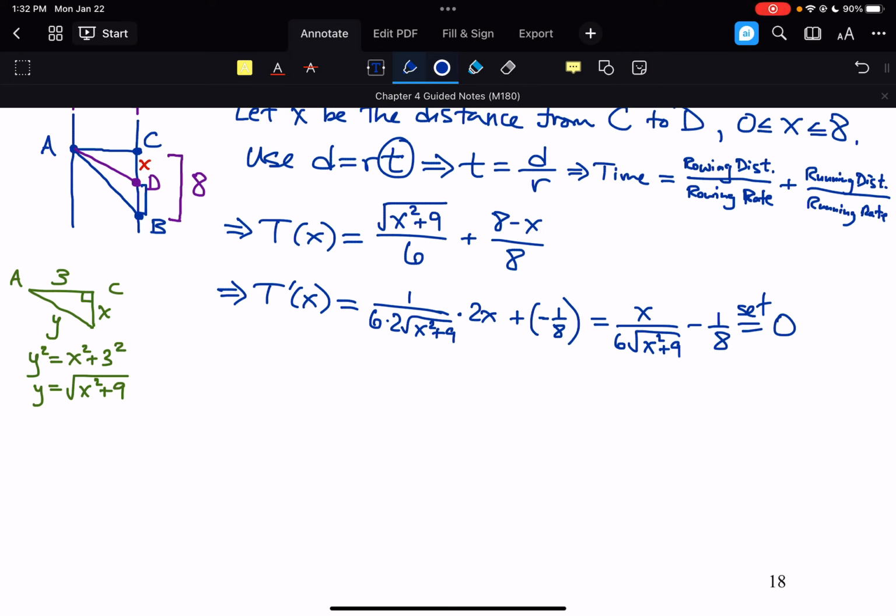If we go through this process, so I won't do all of this, but x over 6 rad x squared plus 9 equals 1/8. Cross multiply, square both sides, solve everything out. We end up getting x is 9 over radical 7.